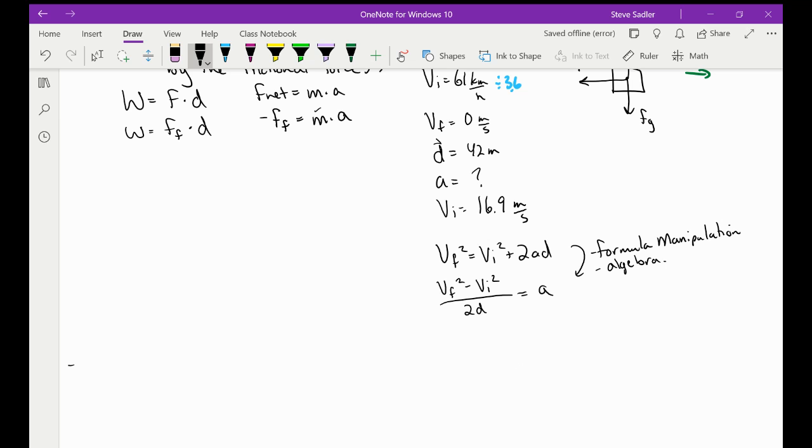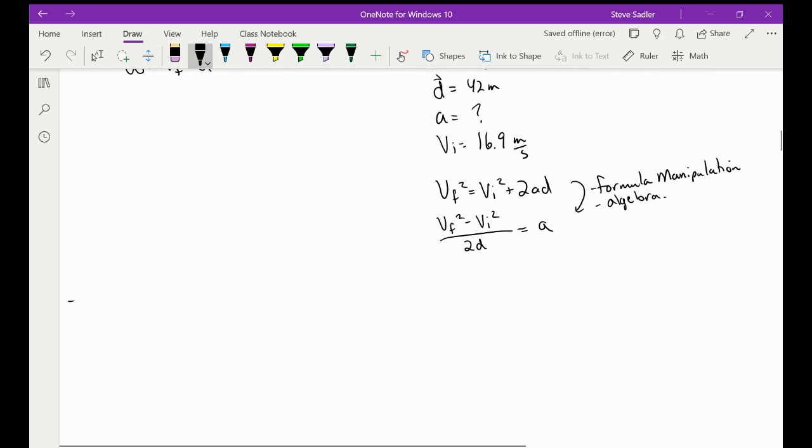I'm not going to go through it. So now we can say that the acceleration is equal to V final was 0 minus the initial was 16.9 meters per second divided by 2 multiplied by the distance, which was 42. And that is going to give us an acceleration of, well, I'll just calculate it.